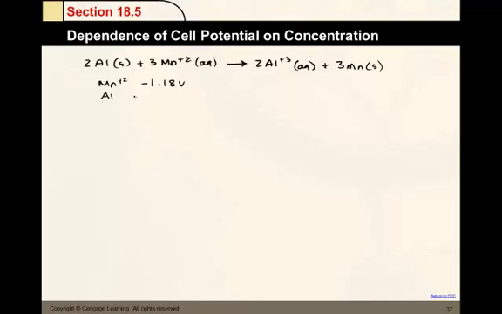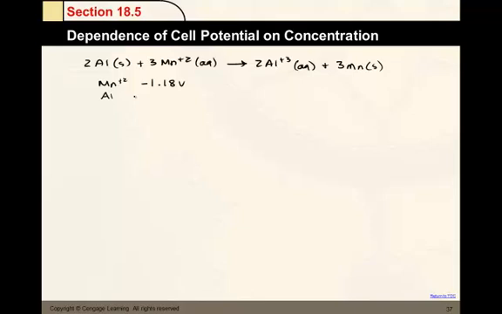I'm flipping through my book now to determine where it is, because I looked it up earlier and I just want to make sure I am correct, which we'll find out. So Mn2+ is negative 1.18 volts. Aluminum is negative 1.66 volts.